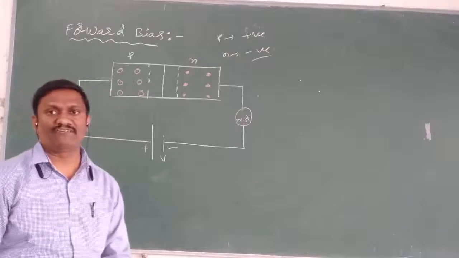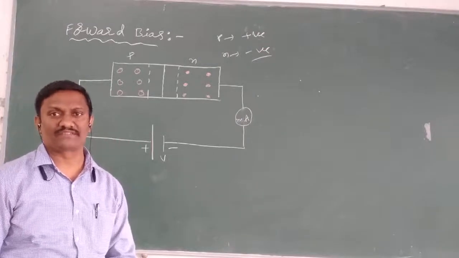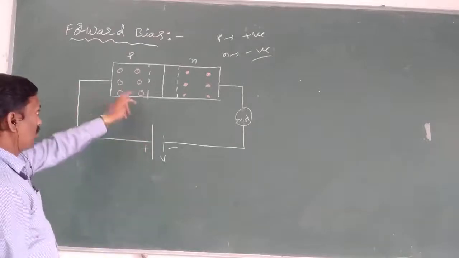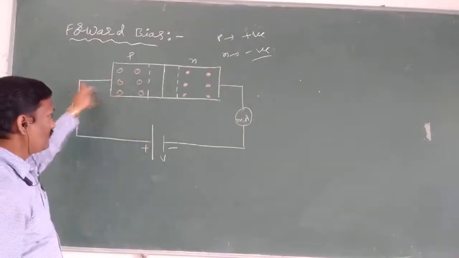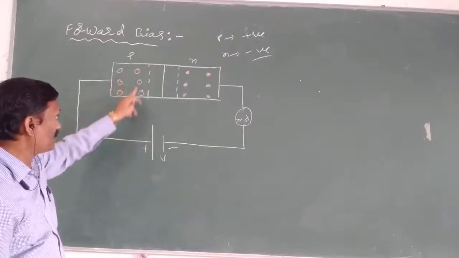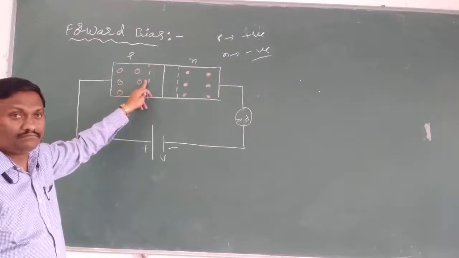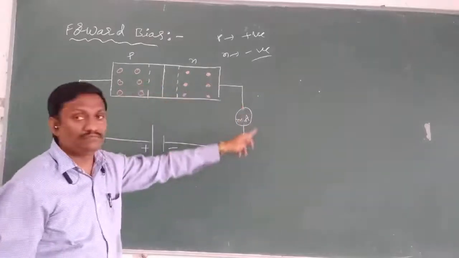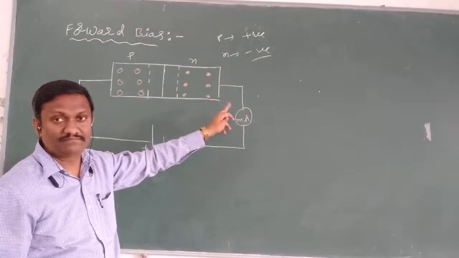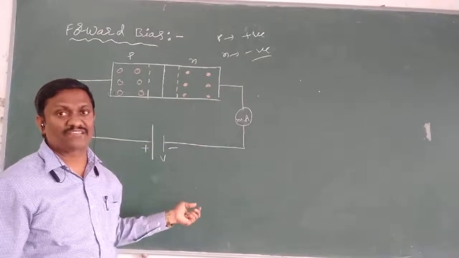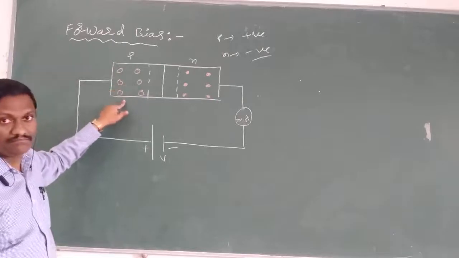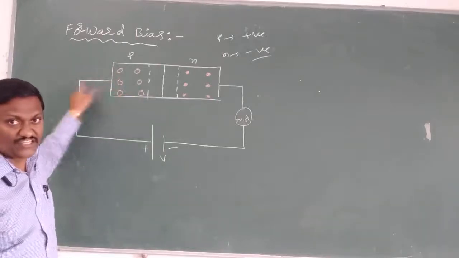What about the working of a PN junction in forward bias? See, the P region is connected to positive, and in the P region the majority carriers are holes. The N region is connected to negative, and in the N region the majority carriers are electrons. Because of this forward biasing, observe the holes in the P region: holes have positive charge and are connected to positive polarity.